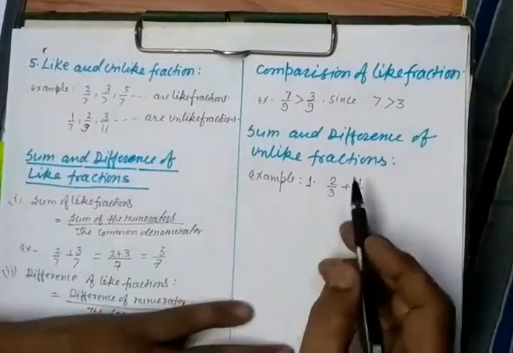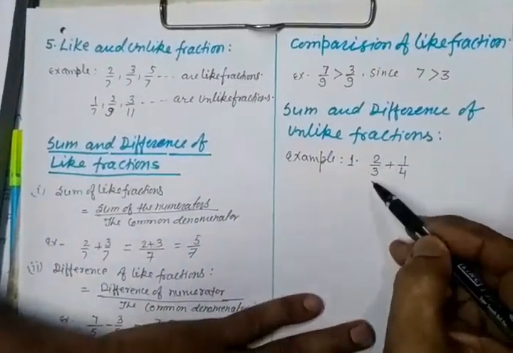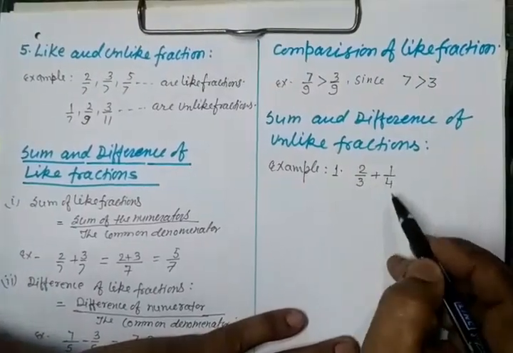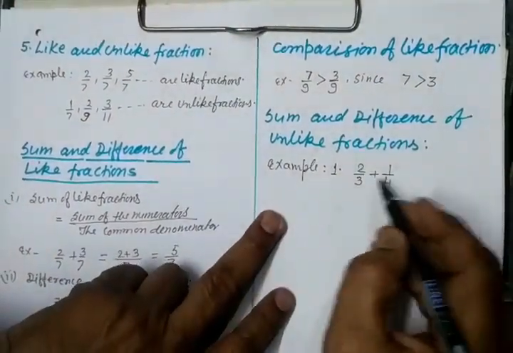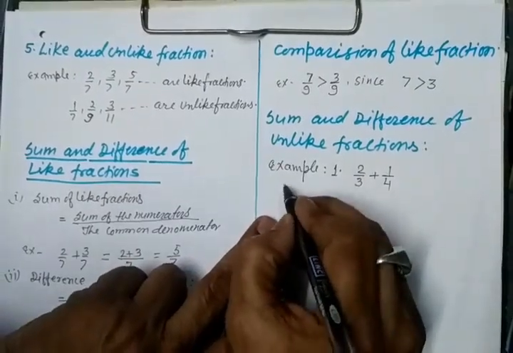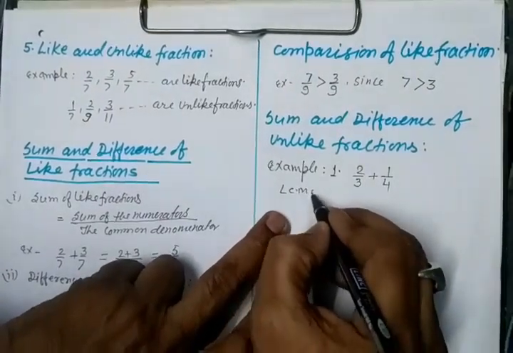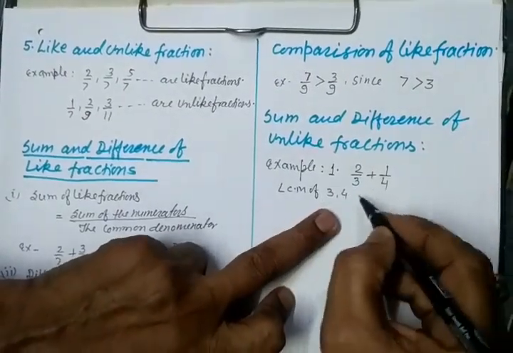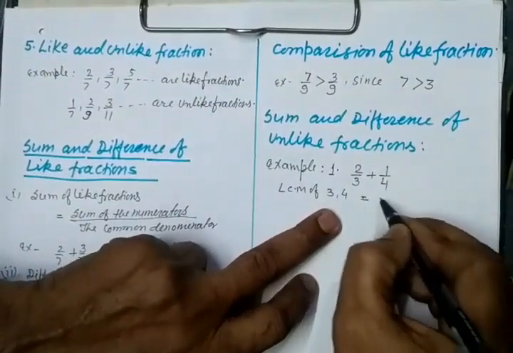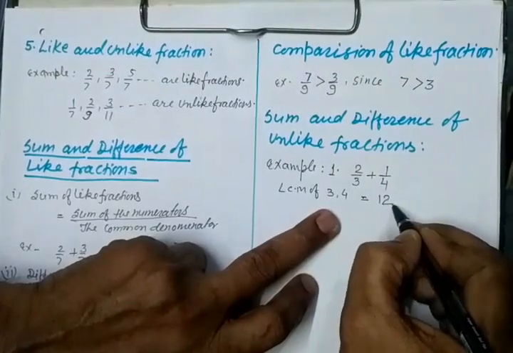Example, 2 upon 3 plus 1 upon 4. First we take the LCM of the denominators 3 and 4, that is 12.